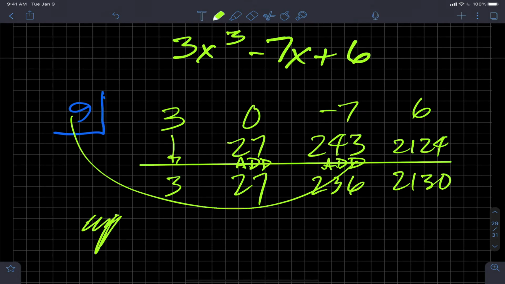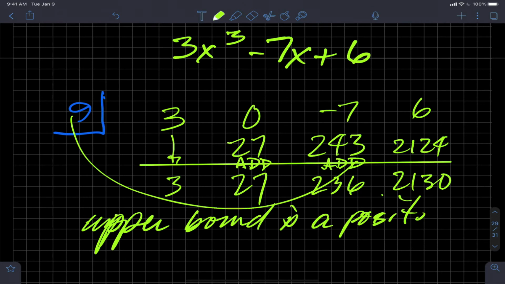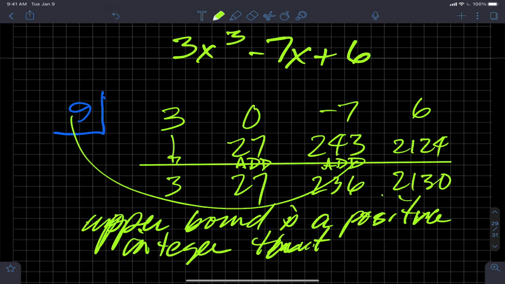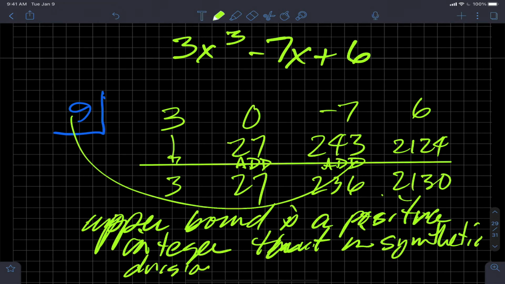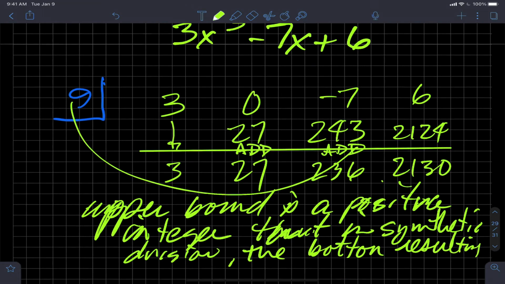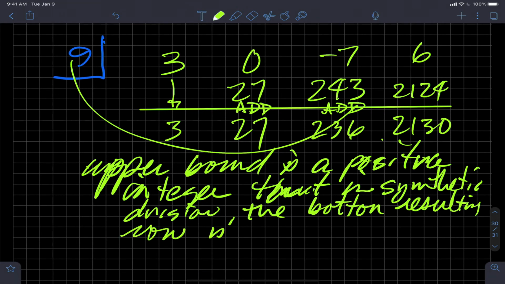So an upper bound value will be a positive integer that in synthetic division, the bottom resulting row is all positive.